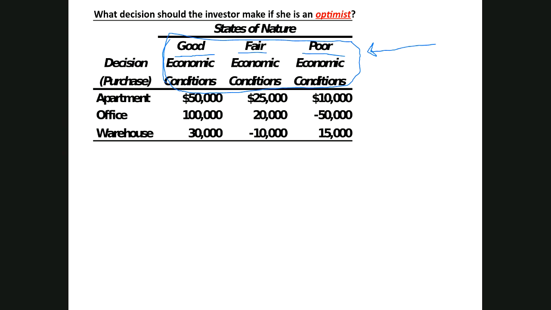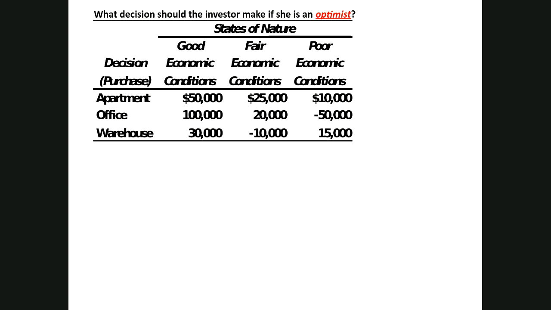Those are the only things that can happen. But in each situation, the combination of what happens will present a return on that decision in conjunction with the state of nature in the future.